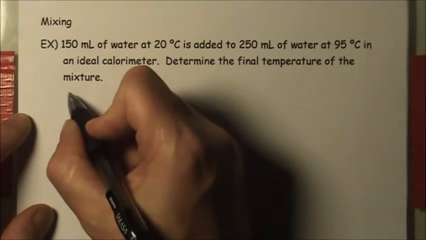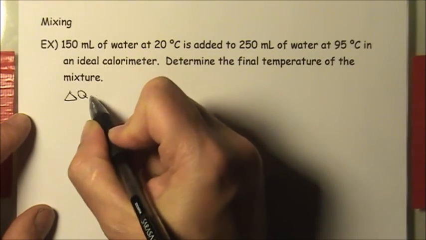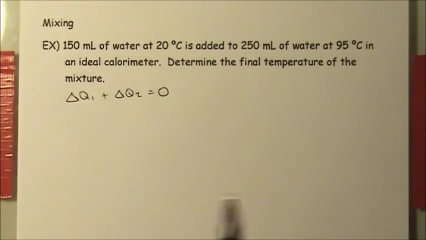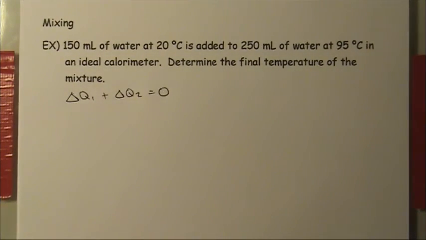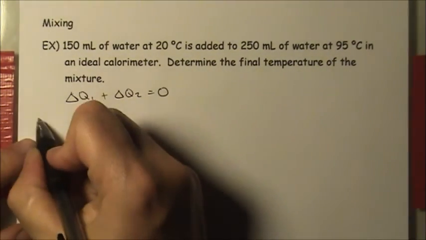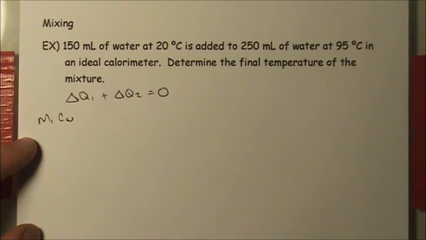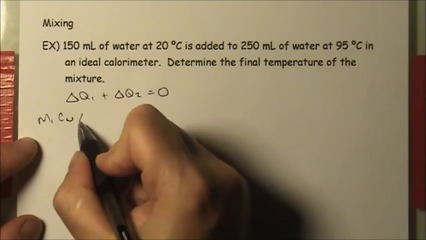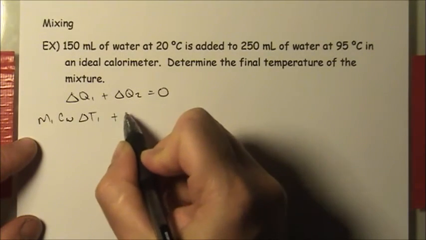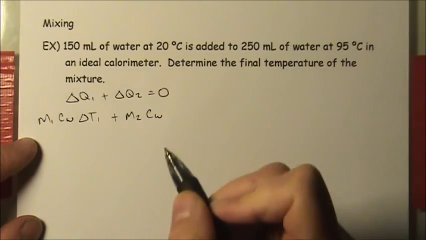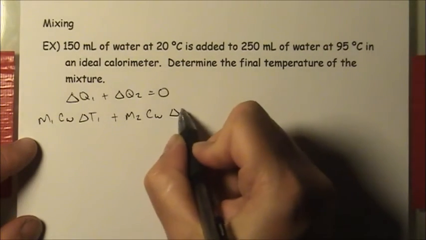So again, delta Q1 plus delta Q2 must add up to 0. That means M1, times CW because that's water in both cases, times delta T1, plus M2, that's this one, times the specific heat capacity of water, times his change in temperature.